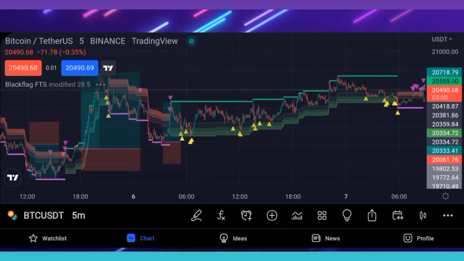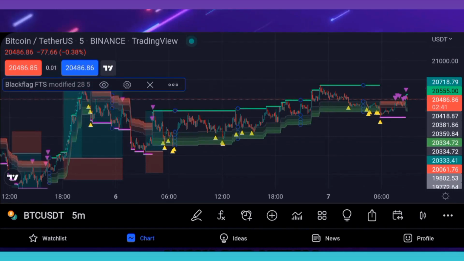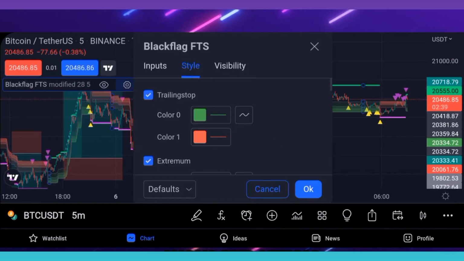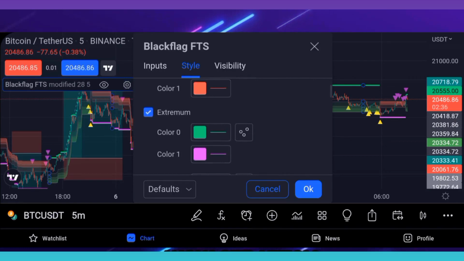This indicator will only show you the direction of the trend and whether the trend is bullish or bearish.